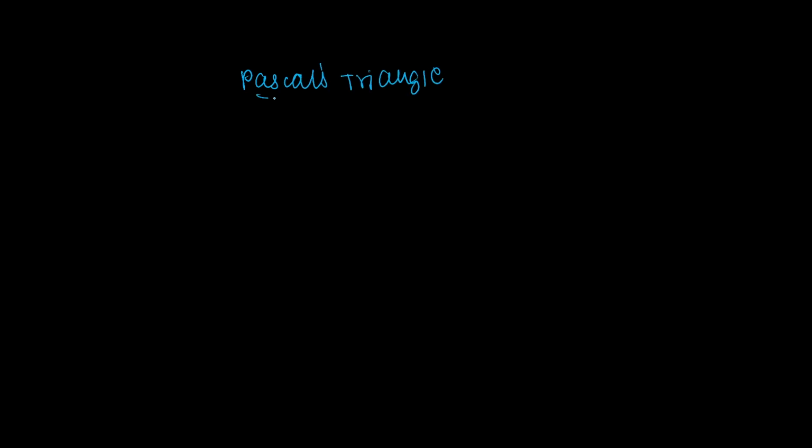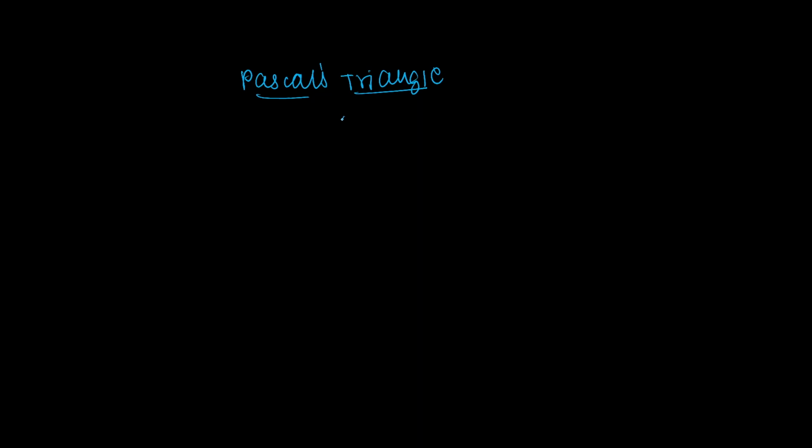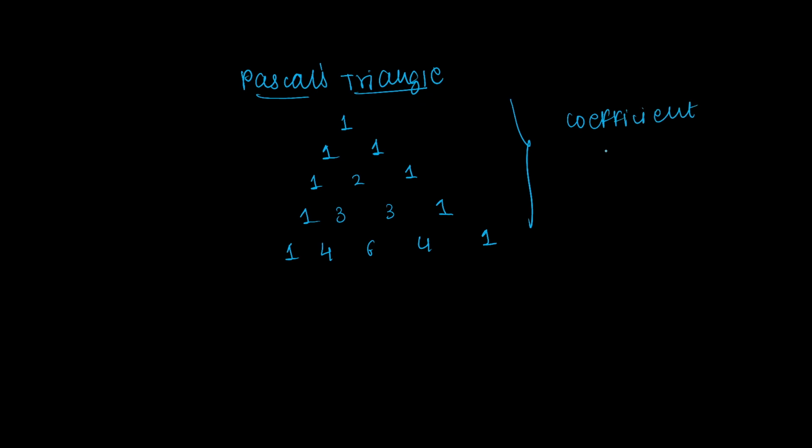The coefficients of the results that we have found form Pascal's triangle, which looks like 1, 1, then 1, 2, 1, and 1, 3, 3, 1. If you proceed further, I'll be getting 1, 4, 6, 4, 1. In this way, Pascal's triangle works. These are nothing but the coefficients, or simply I can say these are binomial coefficients, which are n choose r.